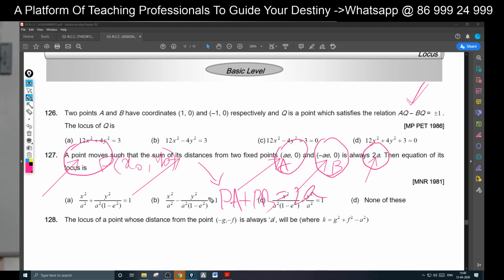You have to simplify this to get the final equation. Just do it; I'll be doing it simultaneously along with you, but if you do it on your own, you will have a lot of improvement.